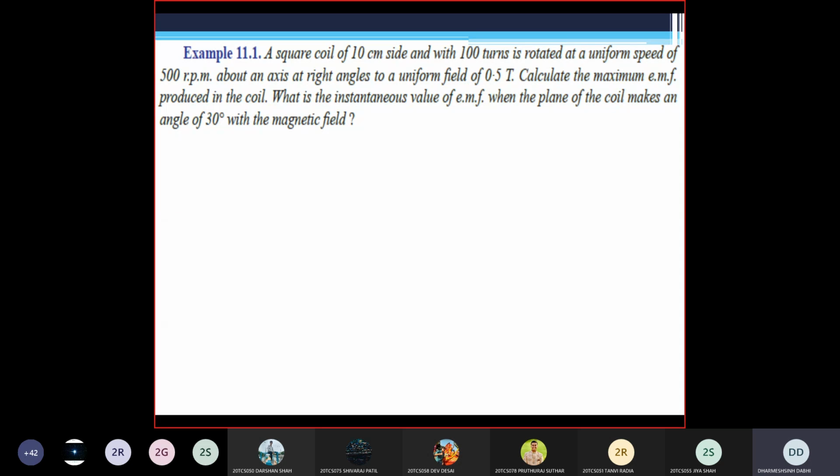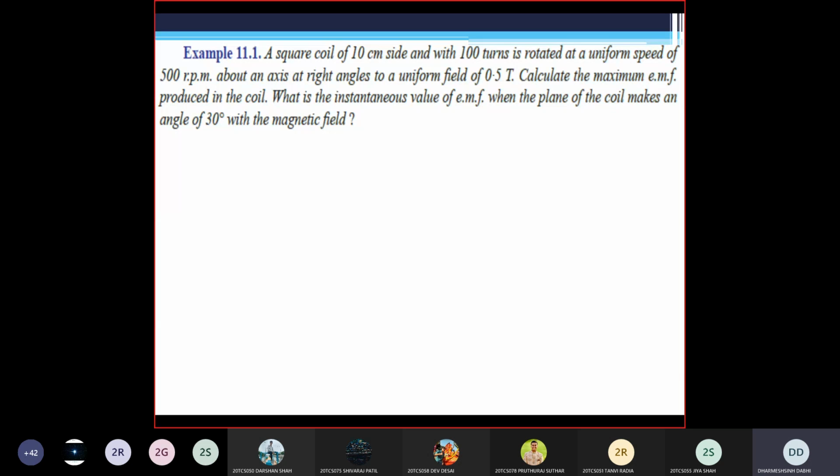The number of cycles completed by any waveform in 1 second. Yes or no? That is called frequency. But here the speed of this coil is given in terms of RPM. RPM means what? Rounds per minute. It means this coil rotated 500 times in 1 minute.